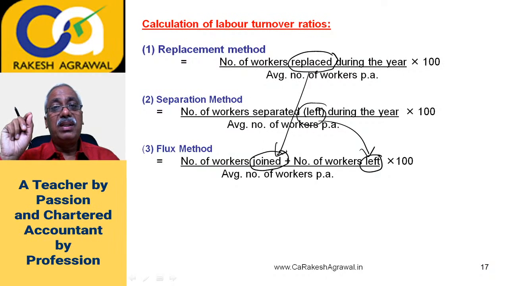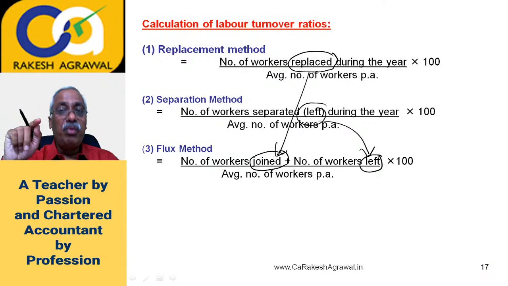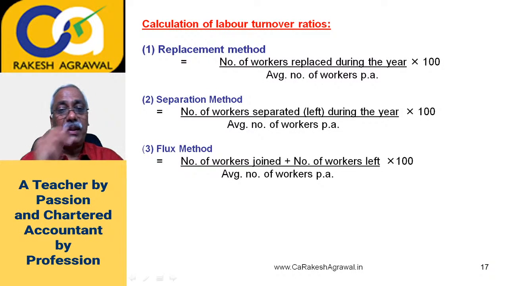But first method's data is not taken as it is. In first method it was number of workers replaced and in third method it is number of workers joined. If workers replaced and workers joined are the same, then the answer of flux method will be equal to replacement method plus separation method. However, if number of workers joined are different from workers replaced, then the answers will not match. Then the first two answers will not tally with the total of the third answer.